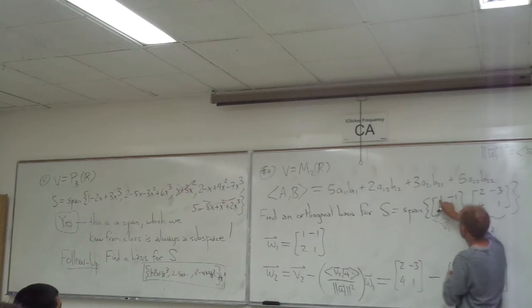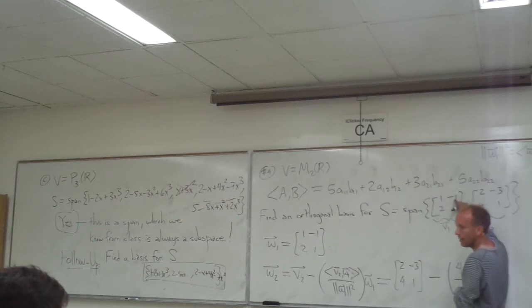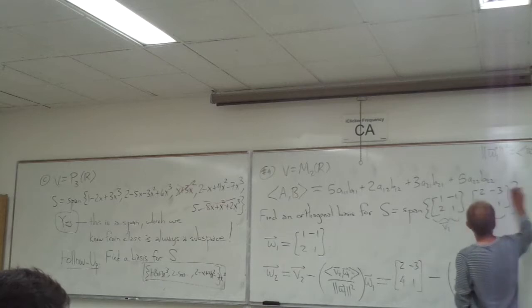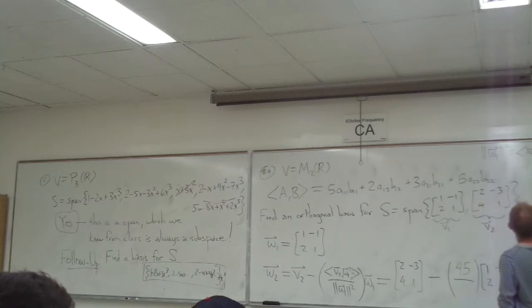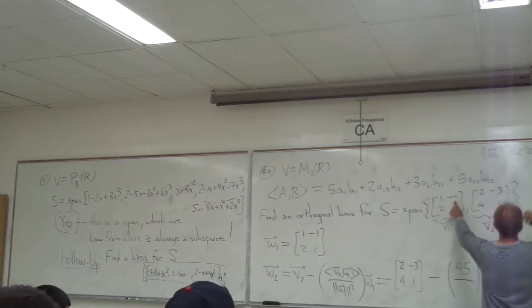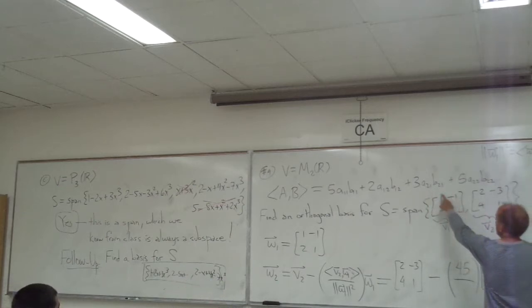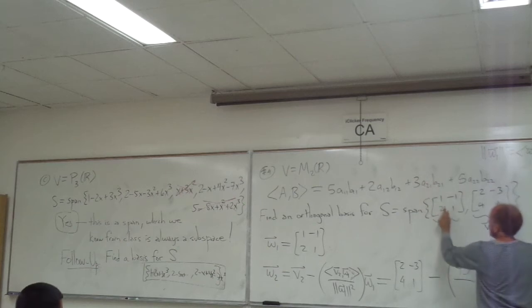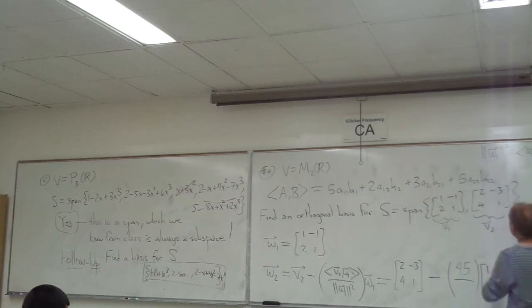So 5 times 1 times 1 plus 2 times -1 times -1. I have to write this down, I can't do it in my head. 5 times 1 times 1 is 5. 2 times -1 times -1 is 2. 3 times 2 times 2 is 12. And 5 times 1 times 1 is 5. So that comes out to 24.